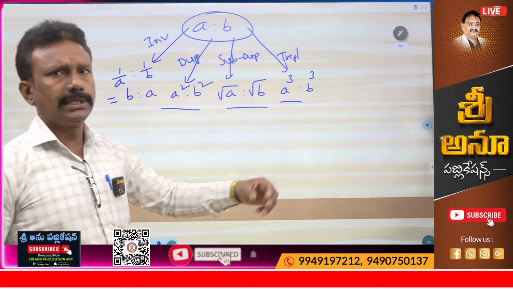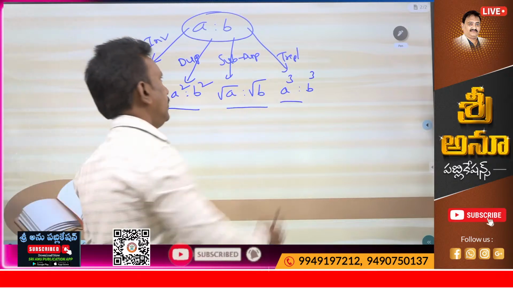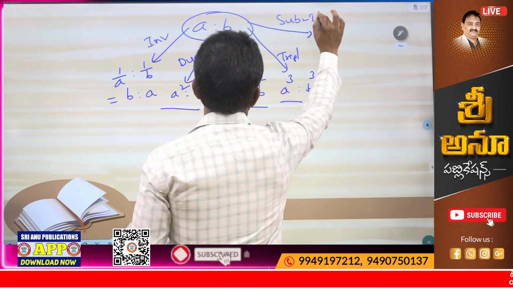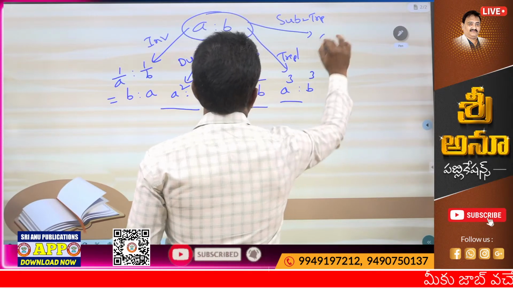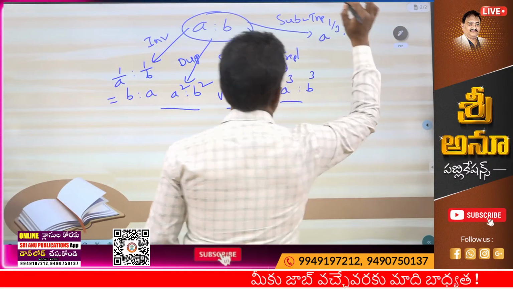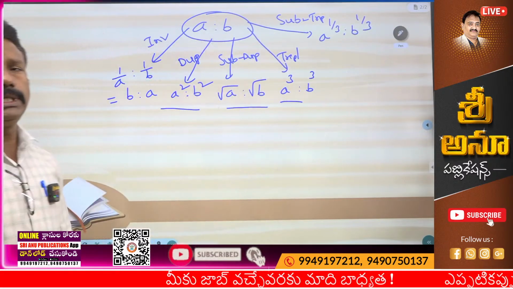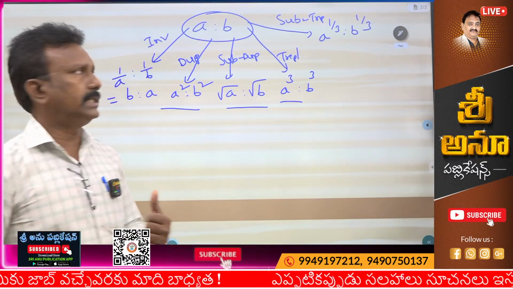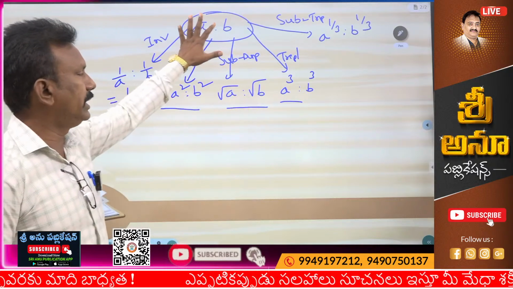The next one is subtriplicate ratio: A power 1 by 3 is to B power 1 by 3. These are the types of ratios. Remember, we are defining them all based on one ratio.